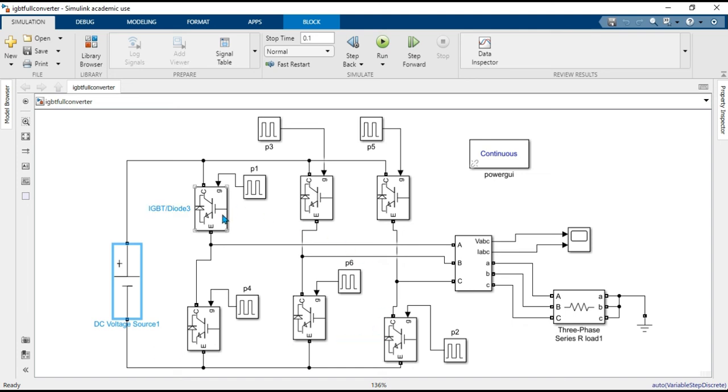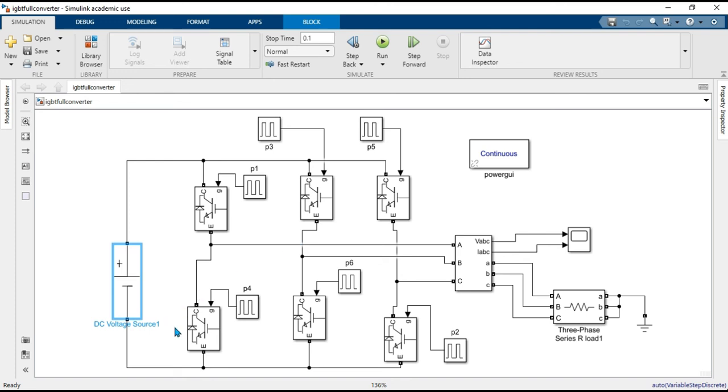As you see, this is your IGBT 1 connected with the P1 pulse generator. Your IGBT 2 is connected to the P2 pulse generator. Similarly, you have connected 3, 4, 5 and 6. 6 IGBT are there, each connected with an individual pulse generator.